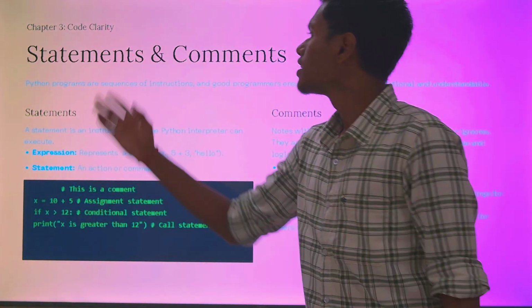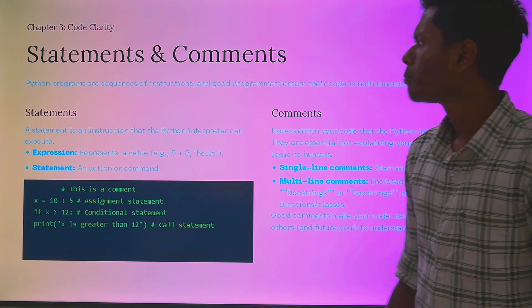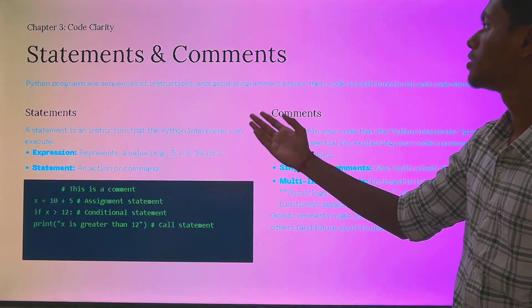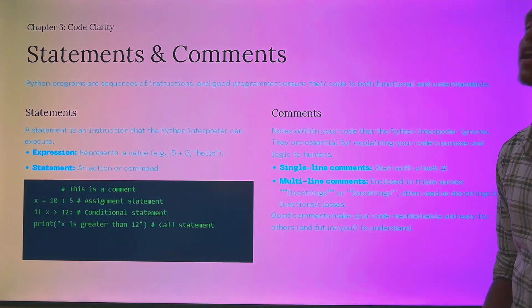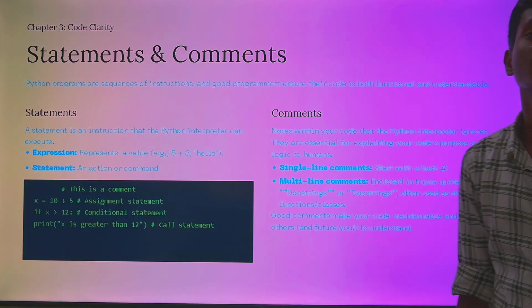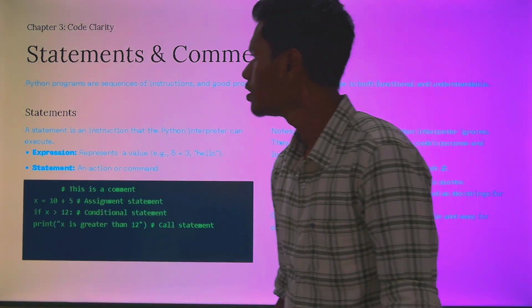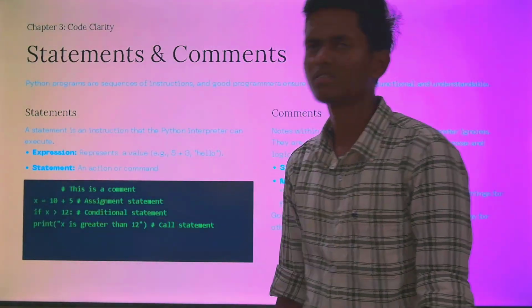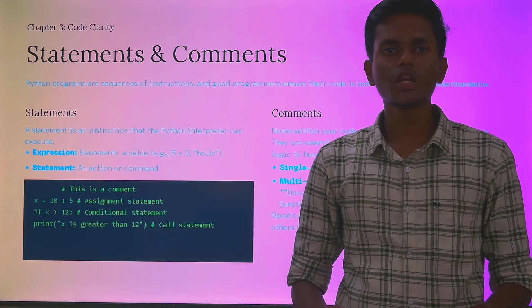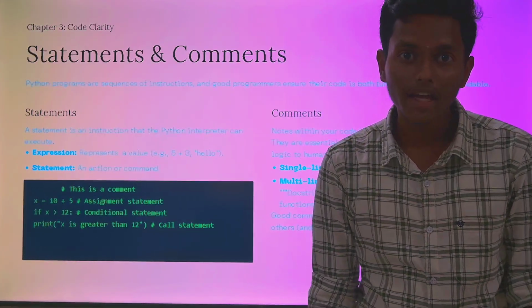Next we will see about statements and comments. Python programs are sequences of instructions, and good programmers ensure their code is both functional and understandable. First we will see about statements. A statement is an instruction that the Python interpreter can execute.